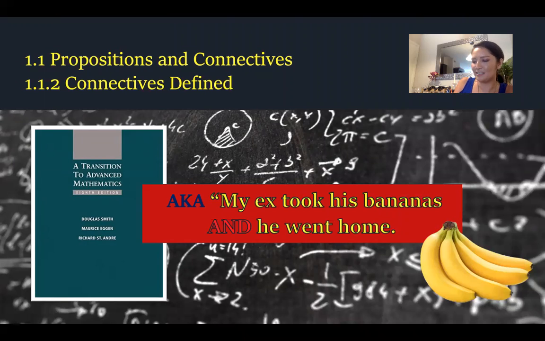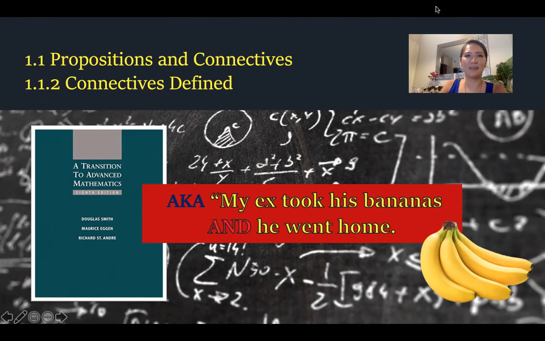And then because of the English sentence, the he in that second part of the sentence is a reference to my ex. So we'll say my ex went home is the second simple proposition. And that one is true.